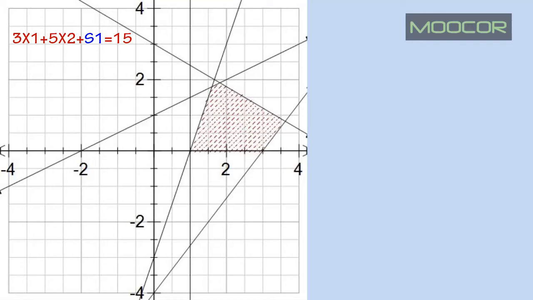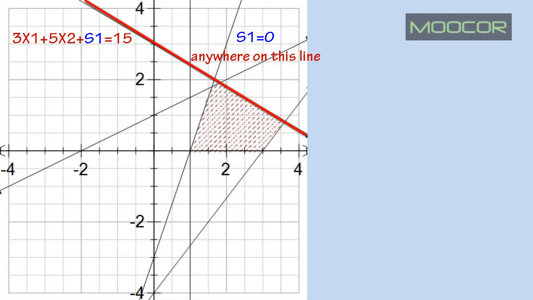And if left-hand side and right-hand side are equal, then what about the value of a slack? Then the value of a slack is 0 when you are on the line. So if you pick a point on that line, the value of a slack for that line is going to be 0. What if you move away from that line?